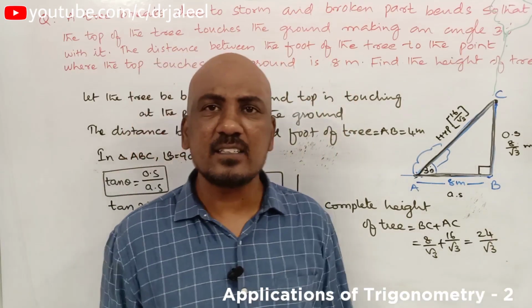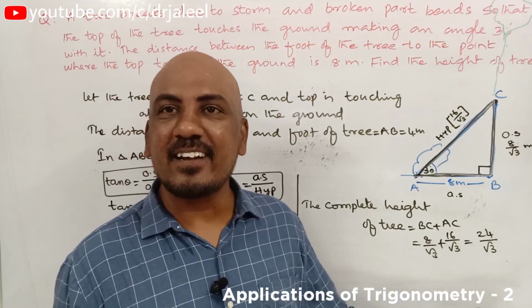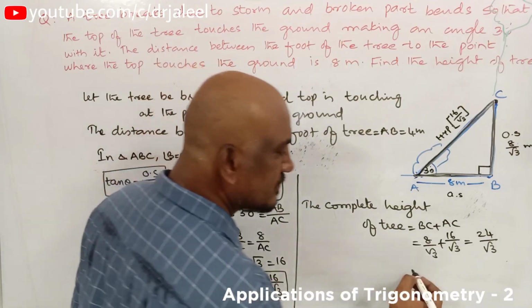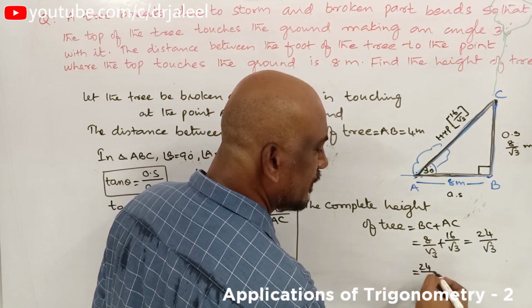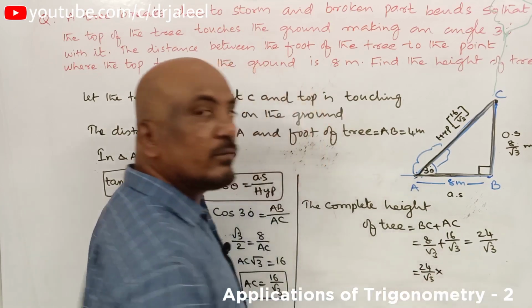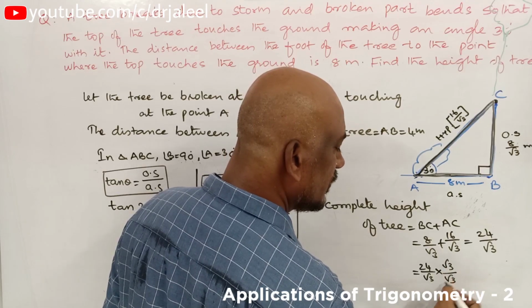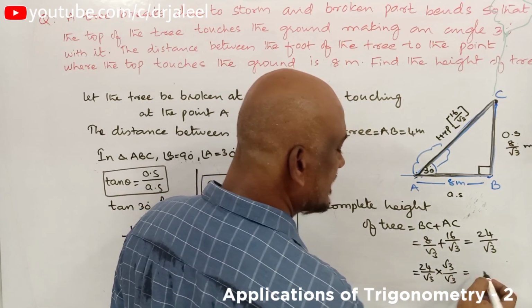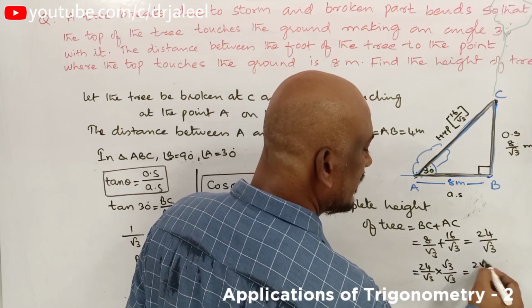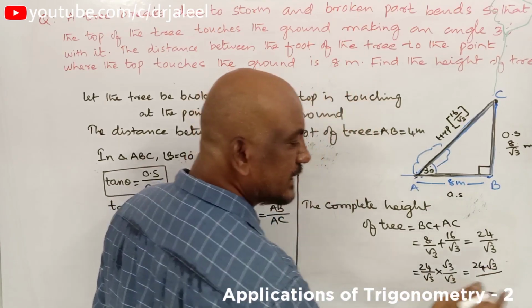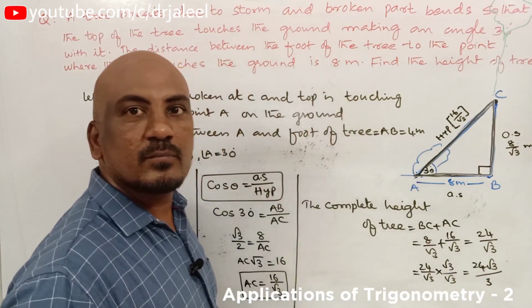Shall we leave the answer like that? No. Let us rationalize a little so that we can get a simplified answer. So 24 by root 3 into root 3 by root 3. You will get the answer as 24 root 3 in the numerator by root 3 into root 3, 3.